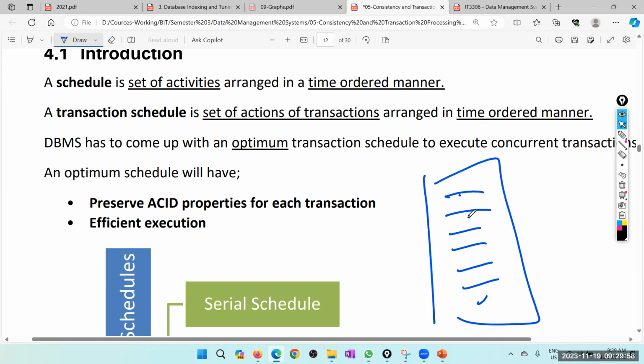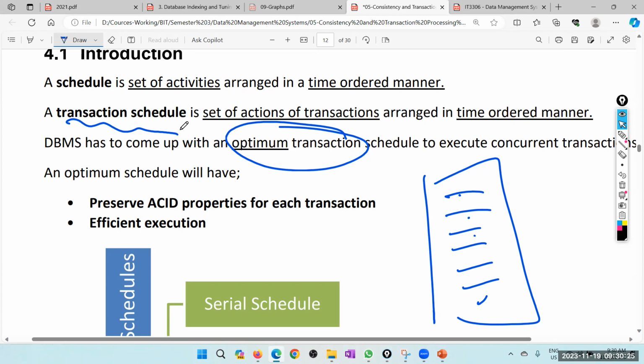Then a transaction schedule is a set of actions of a transaction arranged in a time-ordered manner. If that schedule is for a transaction, we call it a transaction schedule. So the idea is to optimize our schedule while preventing all issues as well.